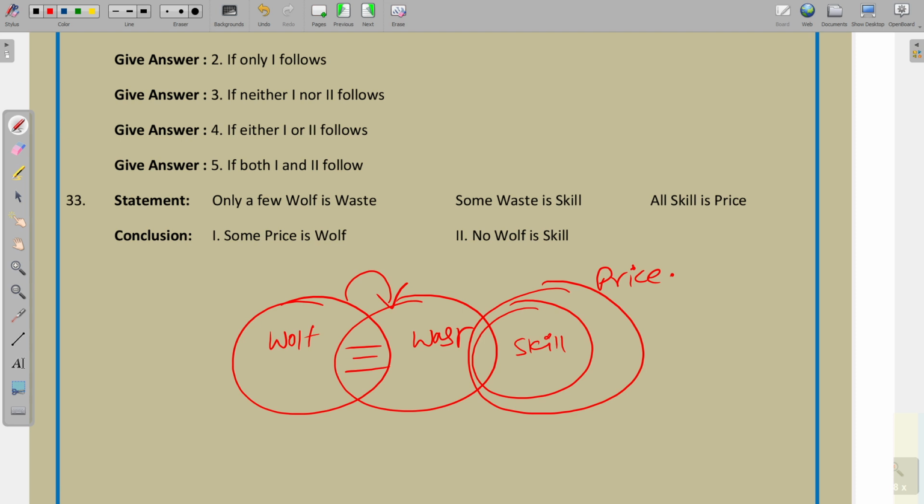Some price is wolf. So price here and wolf here, there is no relation between wolf and price. No wolf is skill. Wolf here and skill here. Skill వచ్చేసి all skill are price కాబట్టి. So what is the answer? Both 1 and 2 do not follow, that is option 3, neither 1 nor 2 follows.